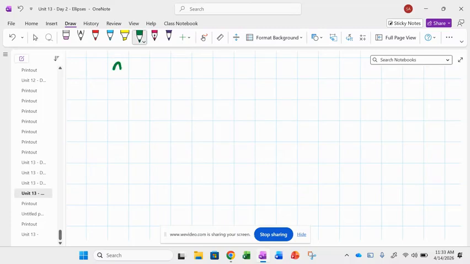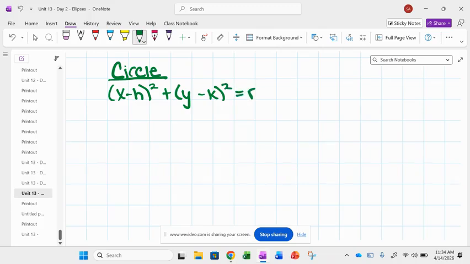Well, let's talk about the equation of a circle. The equation of a circle is the quantity x minus h squared plus the quantity y minus k squared equals r squared. Do we agree? All right, an ellipse. I'll just use a horizontal ellipse because it doesn't really matter.